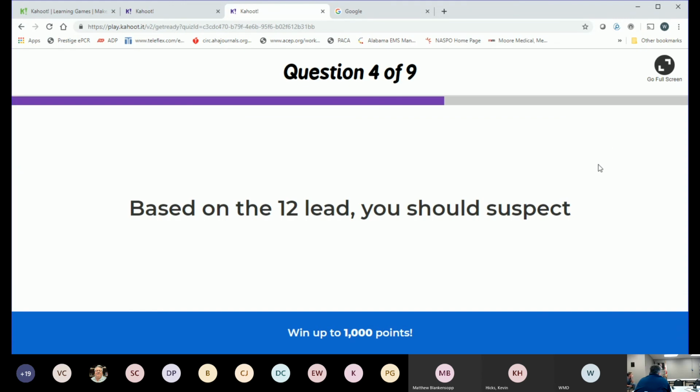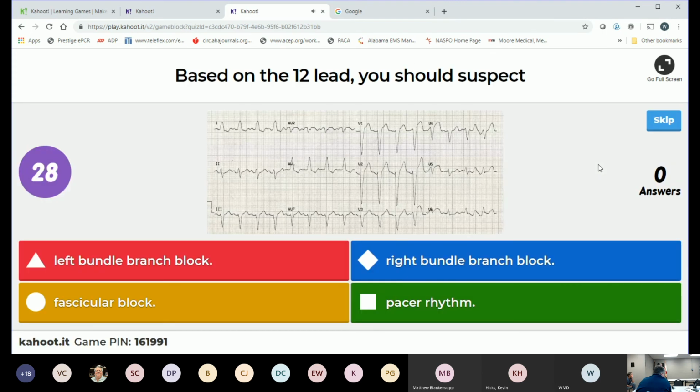Based on this 12 lead, what should you suspect? Should you see a left bundle branch block, a right bundle branch block, fascicular block, or is this a pacer rhythm? Questions get a little tougher as we go along.